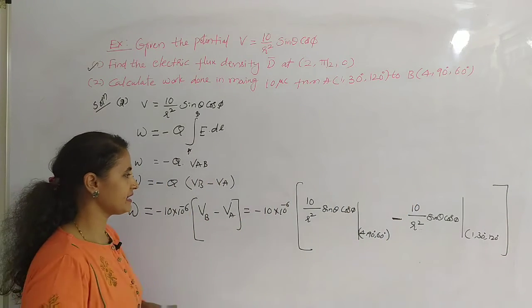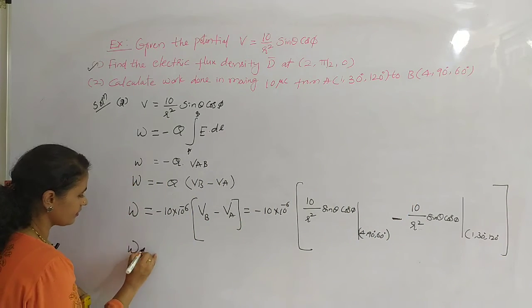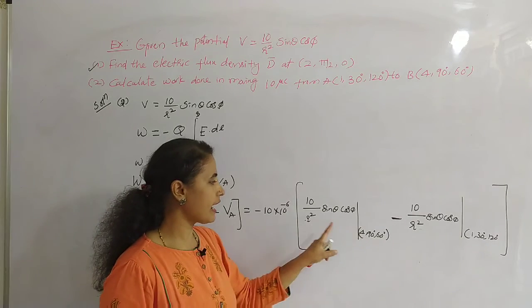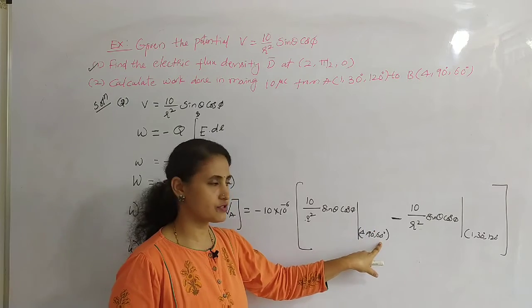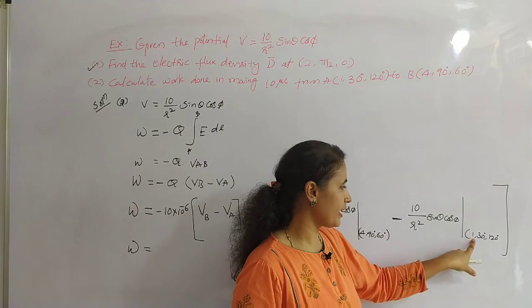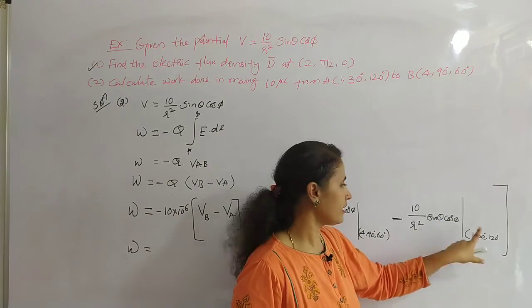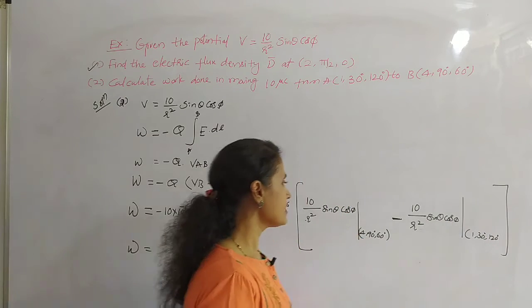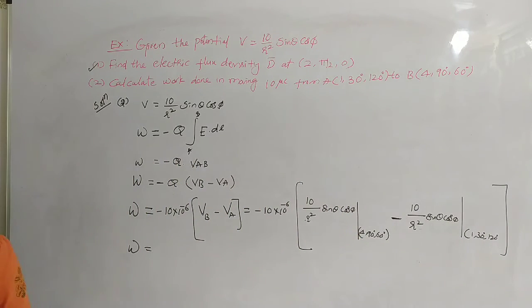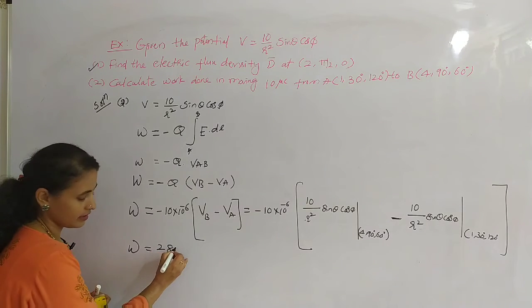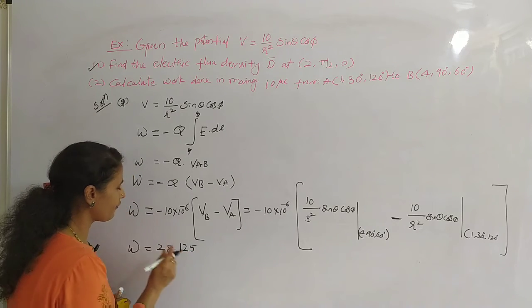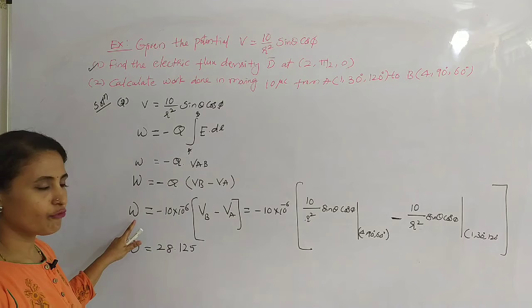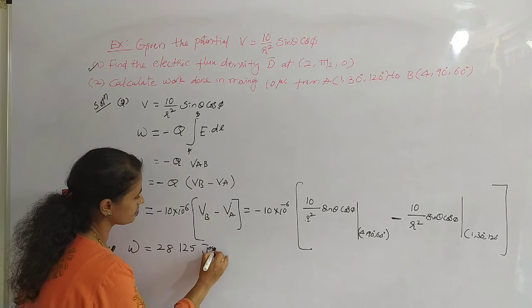This is V_B minus V_A. For the work done, substituting r as 4, theta as 90 and phi as 60, and here again r as 1, sin 30 and cos 120. Substituting all those values and simplifying, you will be getting the answer as 28.125. The unit for work done is nothing but joules.